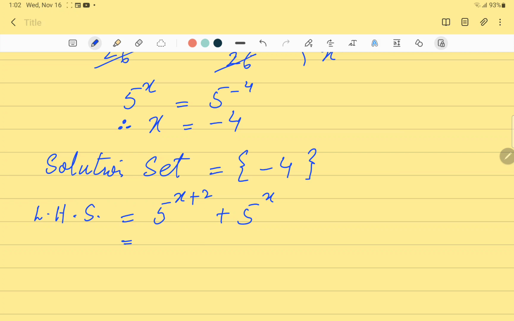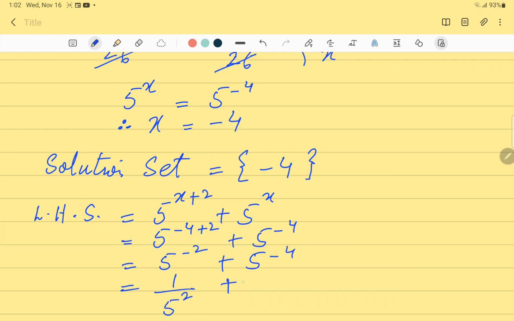We will replace the value of x, which is minus 4, here. 5 raised to the power minus 4 plus 2 plus 5 raised to the power minus 4. Minus 4 plus 2 is minus 2. Since both are having negative power, we will move them to the denominator. So it will become 1 over 5 raised to the power 2 plus 1 over 5 raised to the power 4.